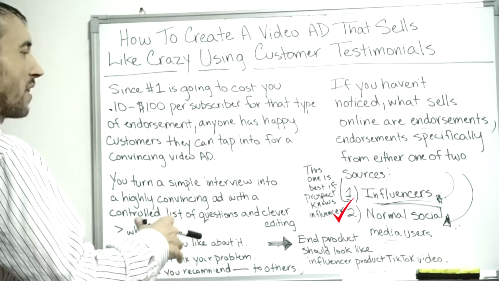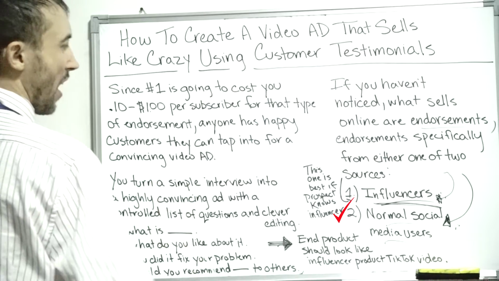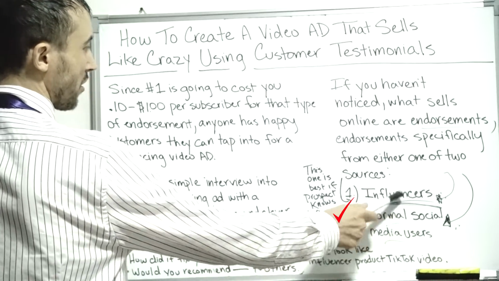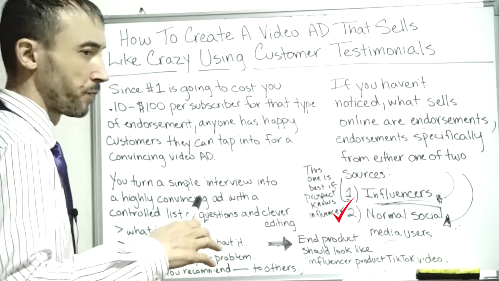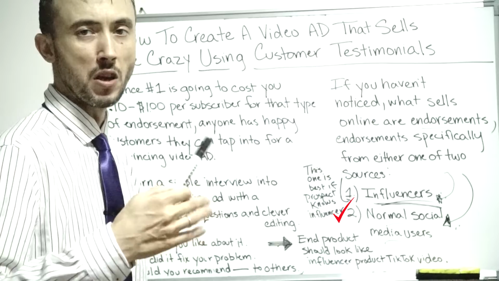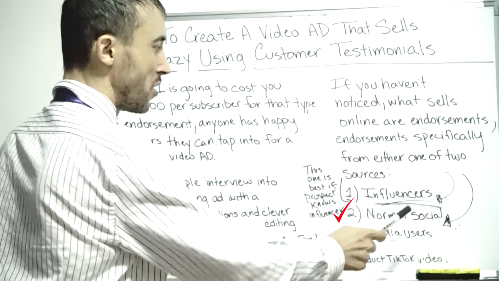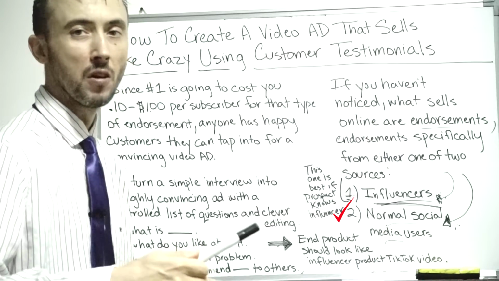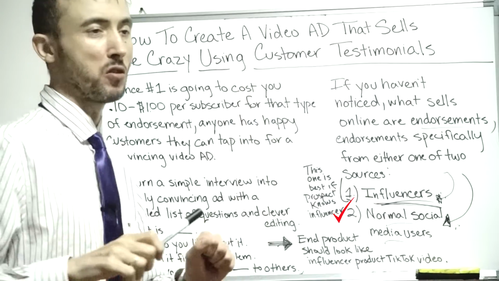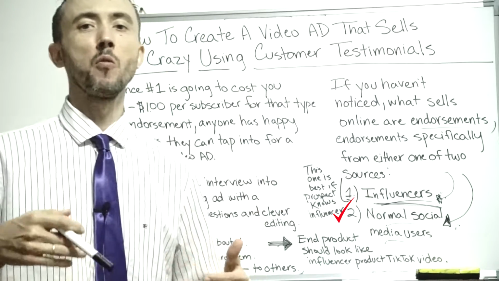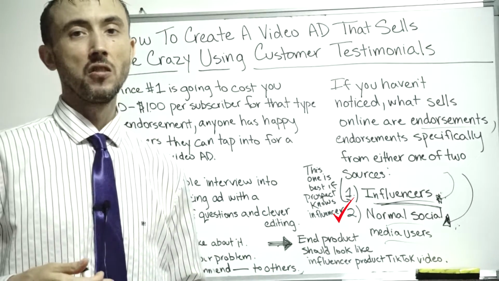So anyway, with that said, if you can't get to or afford an influencer, you get a customer to endorse your product or service, and then you play that off as a review that was given by a random social media user that people think they stumbled upon randomly or organically online.